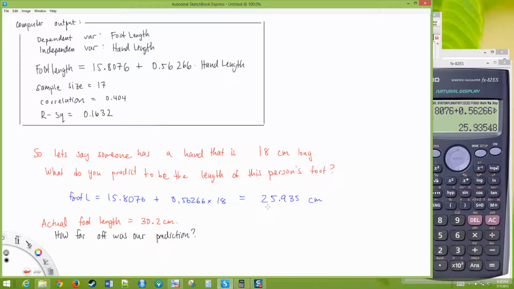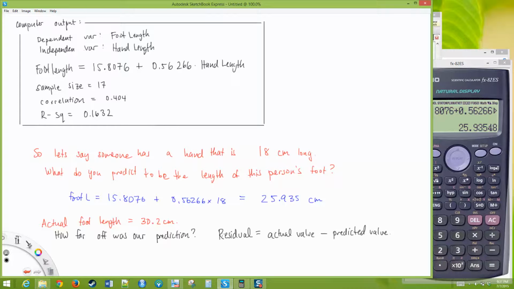Okay. And how far off was our prediction? This is known as our residual. Okay, the residual is always the difference between the actual value minus the predicted value. So someone with an 18 centimeter hand actually had a foot that was 30.2 centimeters. So how far off was our prediction?